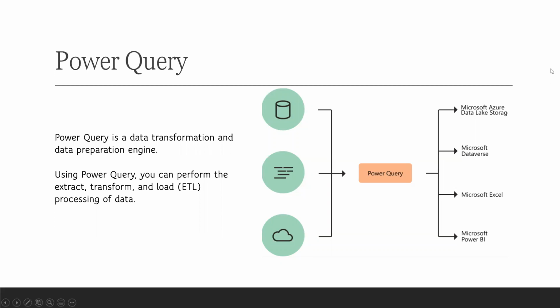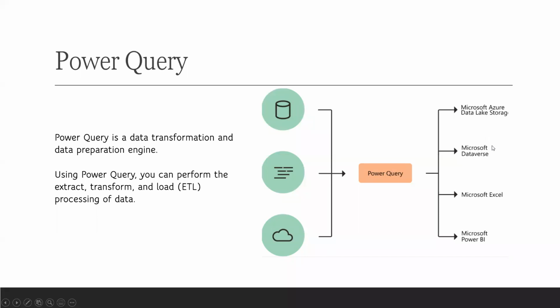If you look at the left side, this is all the data coming from a database, some coming from unstructured data like files, and some coming from a cloud. You gather all that information and store the data in different ways. You can store the data in Microsoft Azure Data Lake storage. Data Lake is more about a collection of data stored in one huge storage.